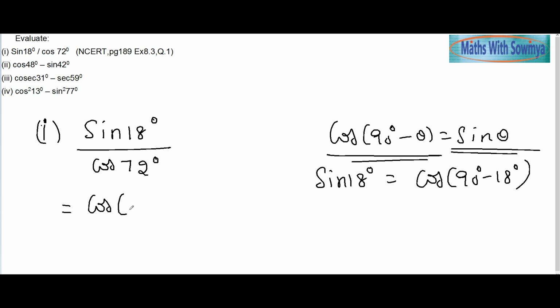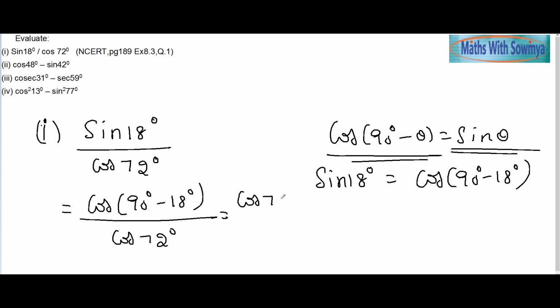So I write it as cos of 90 minus 18 divided by cos 72 degrees. 90 minus 18 will give you 72 degrees. Once again cos 72 degrees gets cancelled. Your answer is 1.